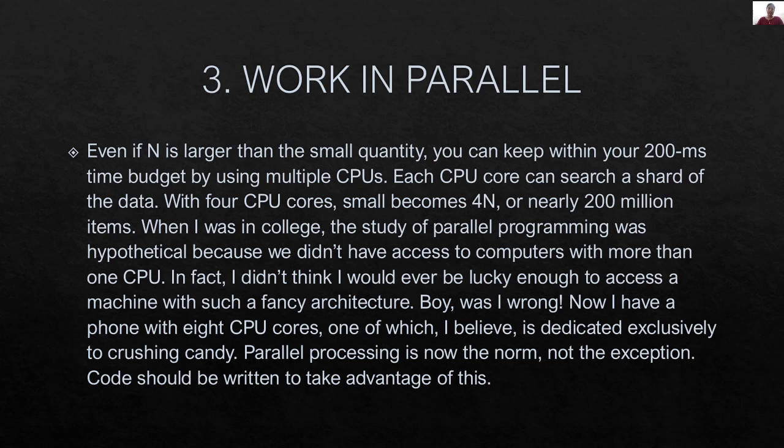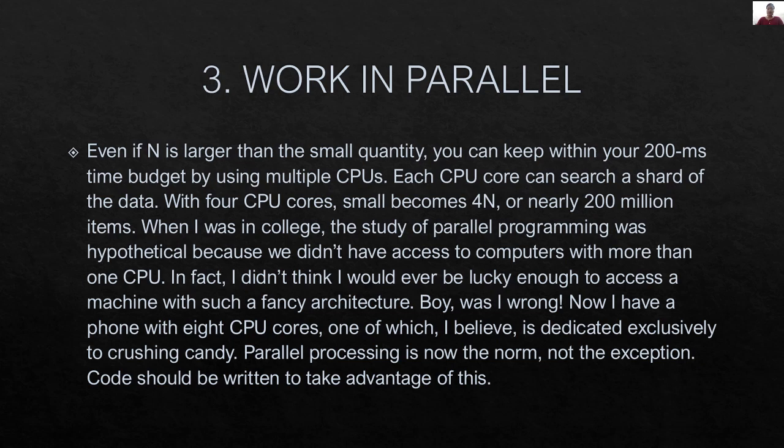When I was in college, parallel programming was hypothetical because we didn't have access to a computer with more than one CPU. In fact, I didn't think I would ever be lucky enough to access a machine with such a fantastic architecture. Boy, was I wrong.